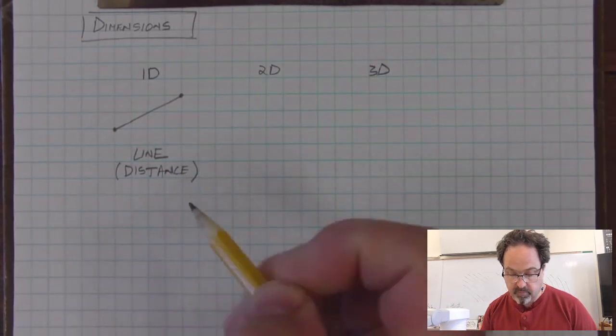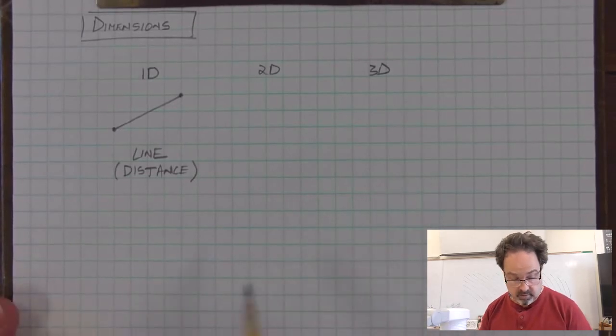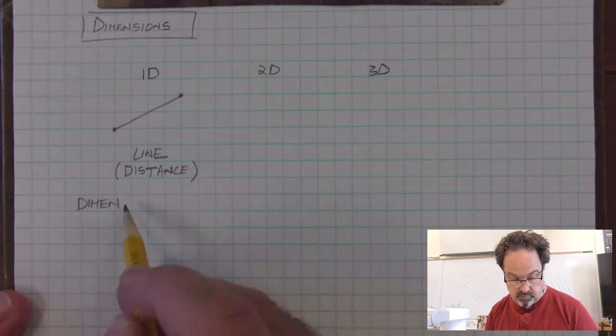Before we give examples of a 2-dimensional object and a 3-dimensional object, let's define what we mean by dimension in very general terms.